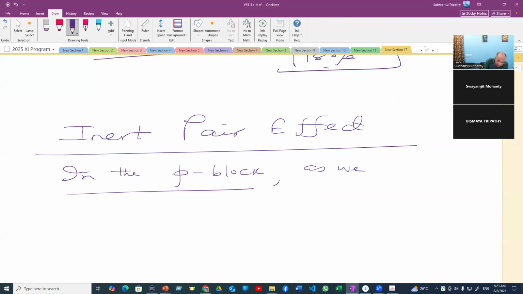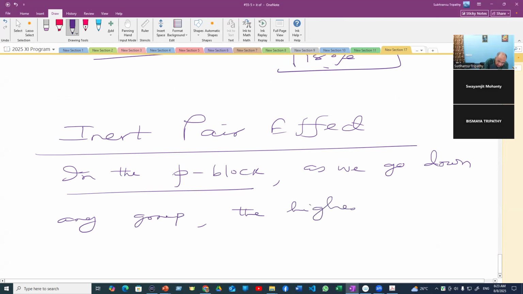As we go down in any group, the higher oxidation state becomes less stable.